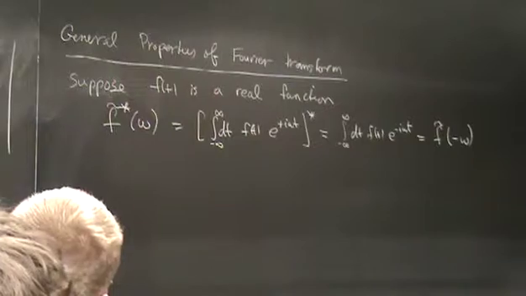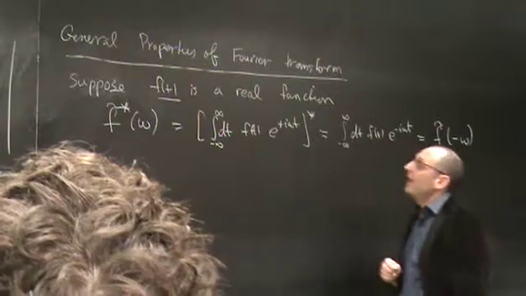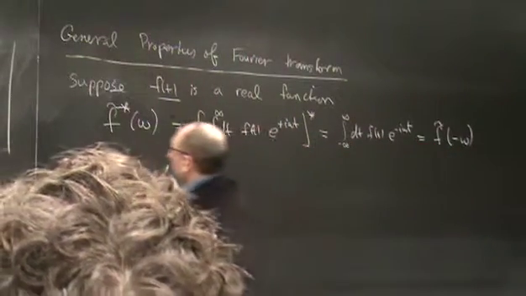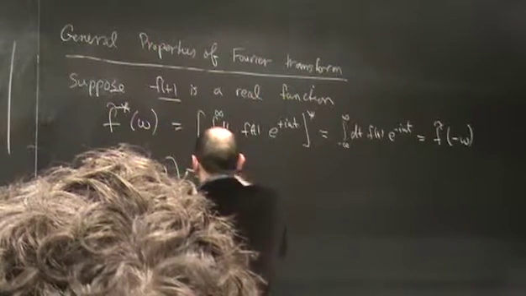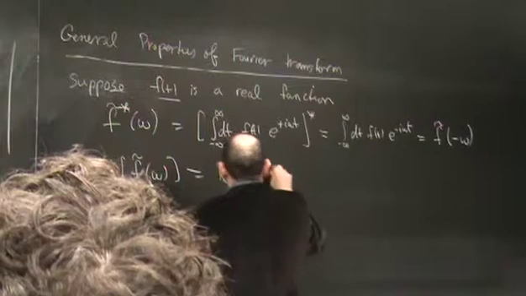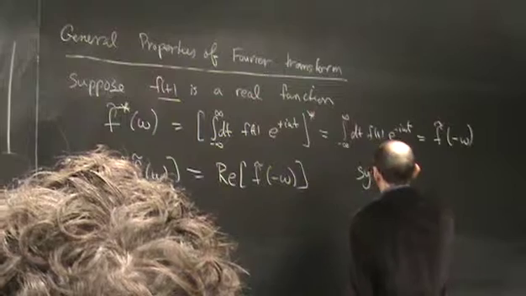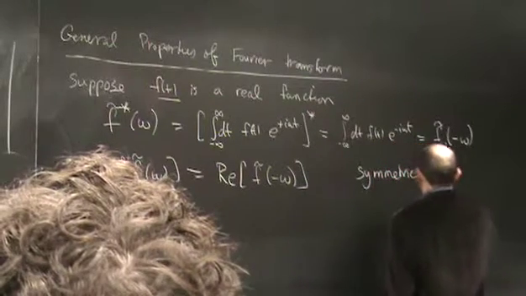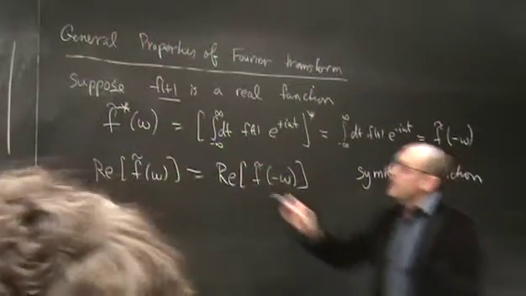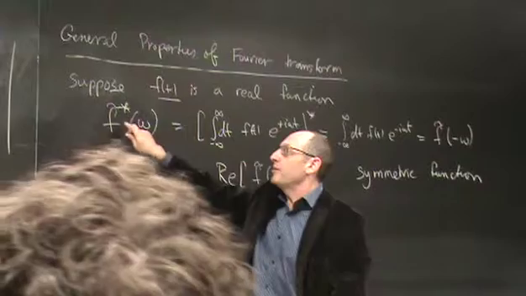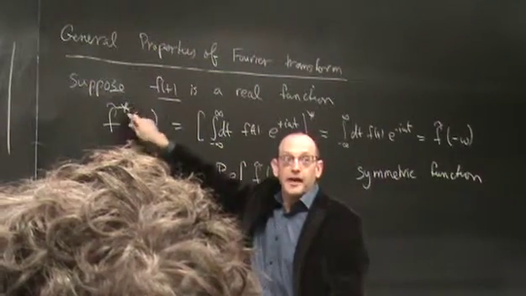So, if the signal that we're Fourier transforming is real, then we have the following property. The real part of the Fourier transform is equal to the real part of the Fourier transform at minus omega. That's to say, the real part of the Fourier transform is a symmetric function. And the imaginary part of f star is minus the imaginary part of f.